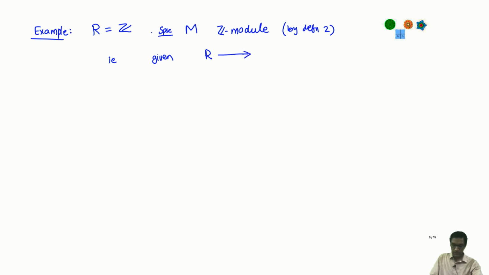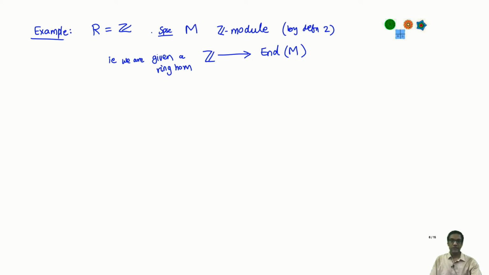We are given a ring homomorphism from the ring R to the ring of endomorphisms of M, and R here is just Z. Now this is the scalar multiplication map, right? It keeps track of the scalar multiplication, i.e. we are given a ring homomorphism like this.